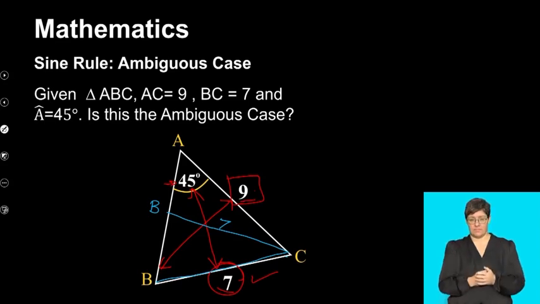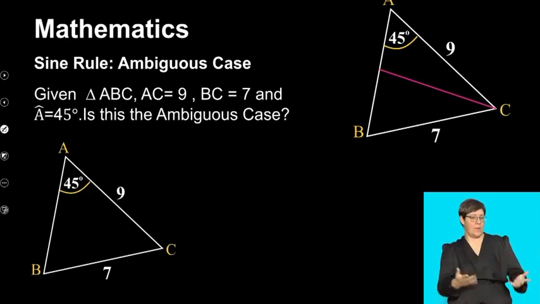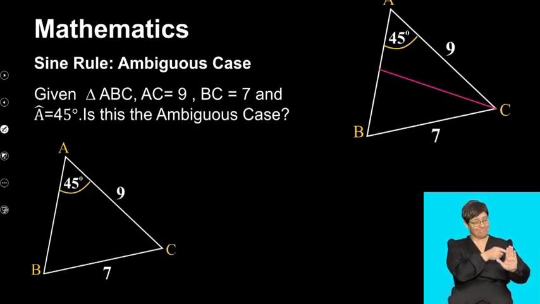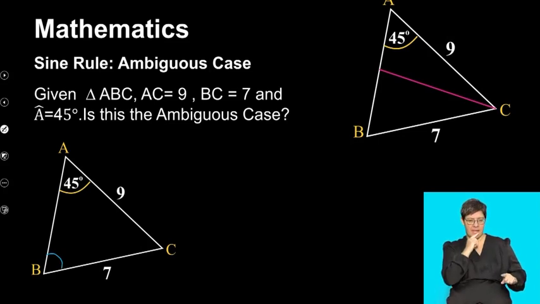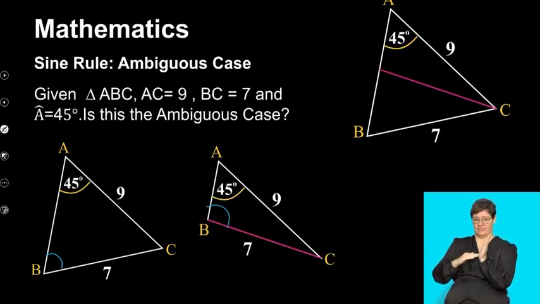So our two triangles will look like this. There's our first triangle, the larger triangle, and in this case, we can see that BC is here and B is an acute angle. Our second triangle that we can draw is this one, with BC turned inwards, and this angle is now an obtuse angle.